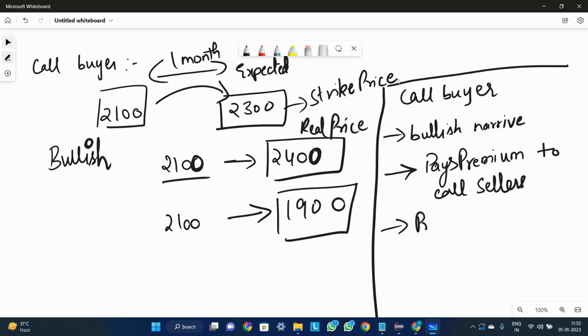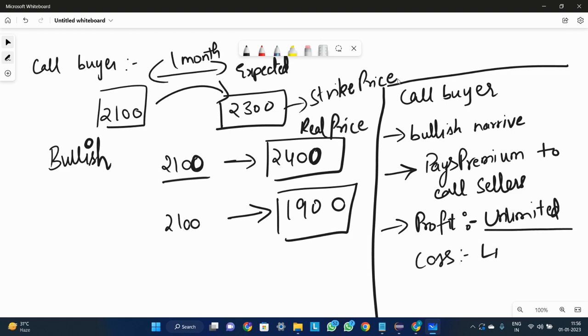Now let us briefly talk about his profit. If his bet succeeds, then the profit is unlimited, because the price can go from 2300, from 2400 to 2800 to maybe 4000 as well, who knows. So his profit is unlimited. But what about his loss?